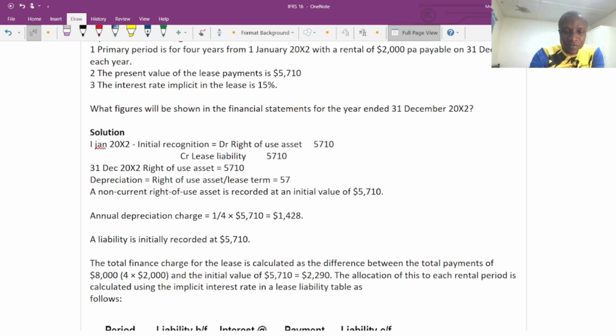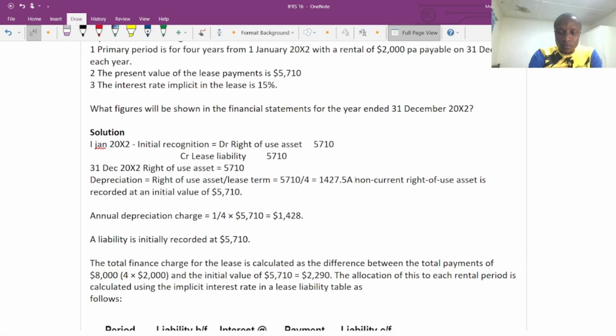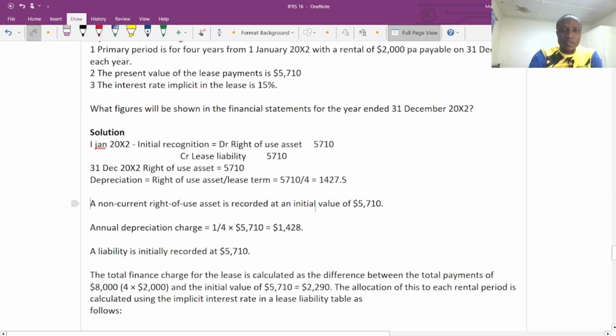So now 5710 divided by 4 will give us the depreciation, which is 1428. Look at it, 1428. So this is the depreciation.